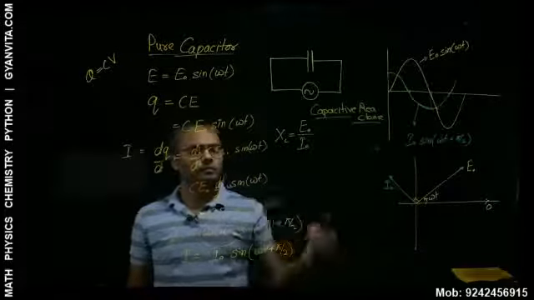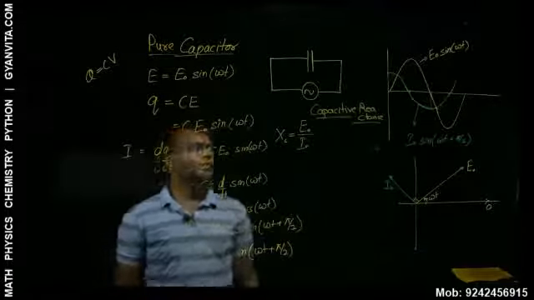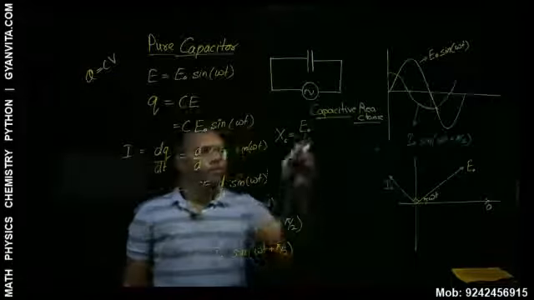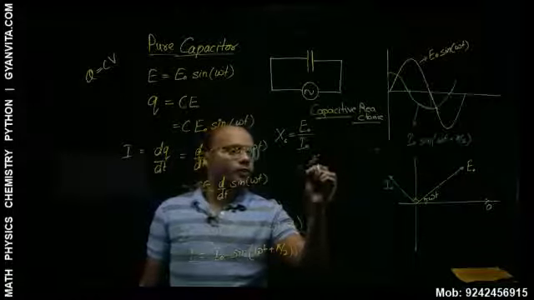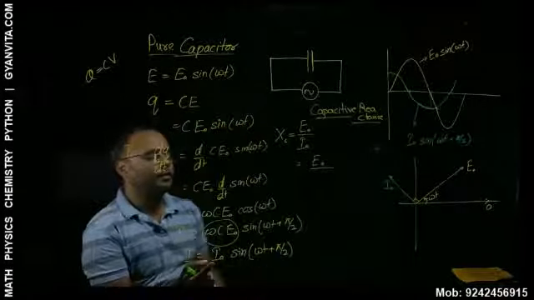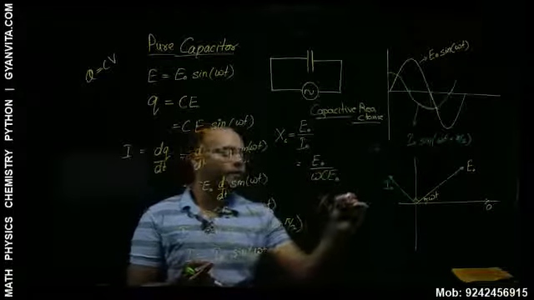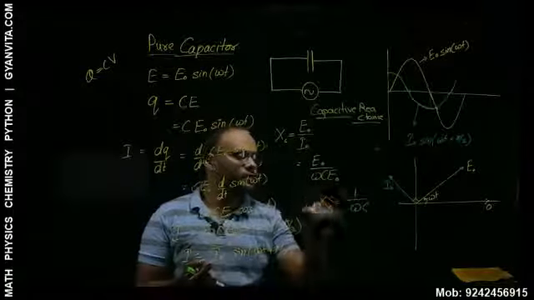Same logic. This is also changing with the input EMF. So this will be equal to E naught divided by I naught, which is omega C E naught. So XC is equal to 1 by omega C.